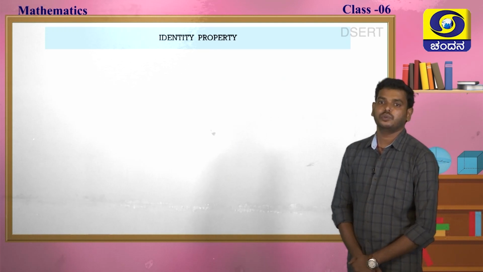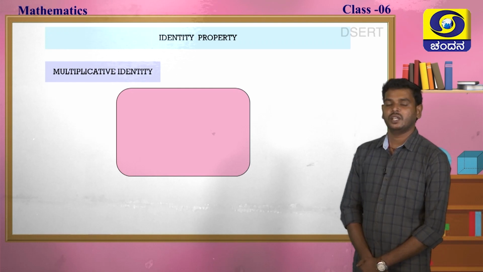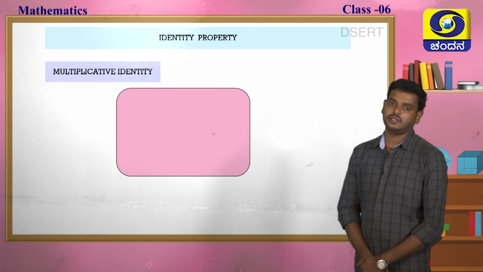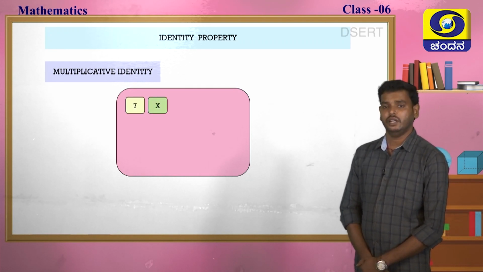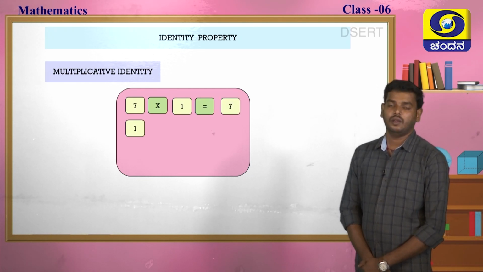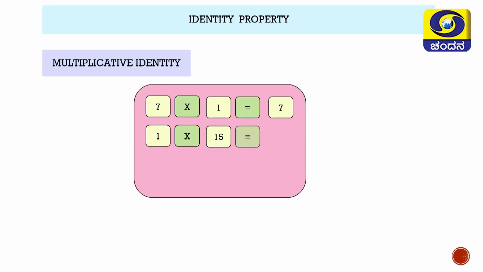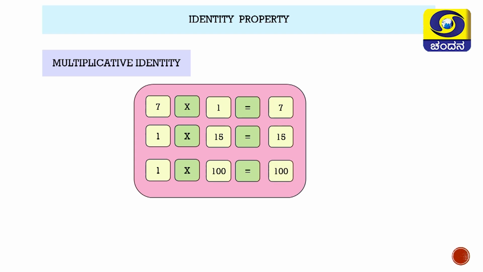Next we will move to another identity, that is multiplicative identity. Let us see with some examples. Here 7 into 1 is equal to 7 itself. 1 into 15 is equal to 15 itself. 1 into 100 is equal to 100 itself.